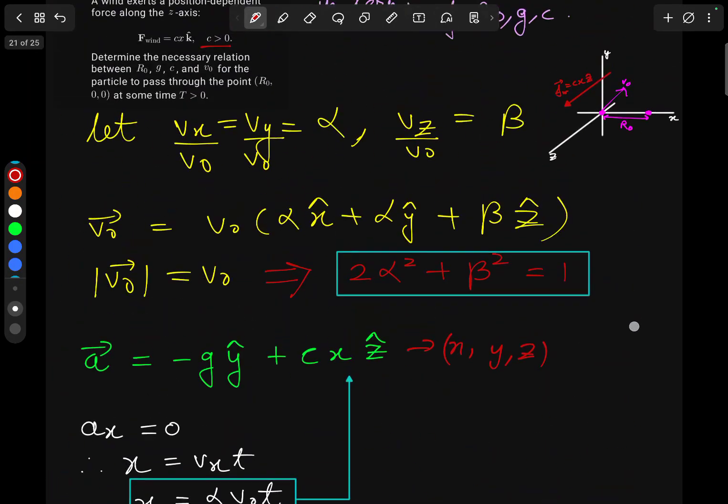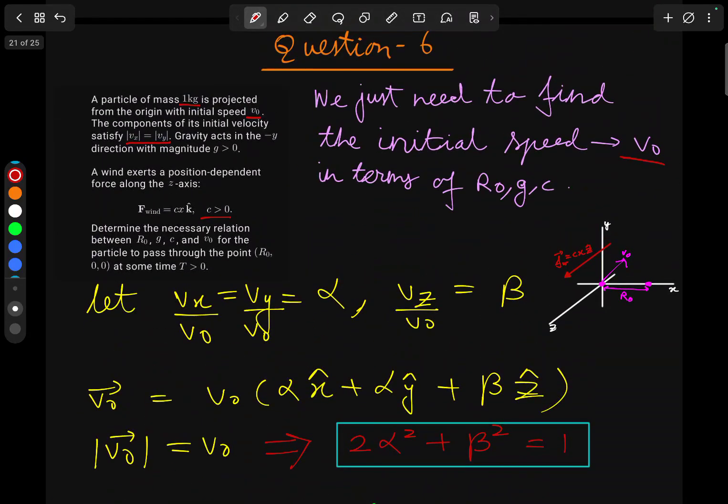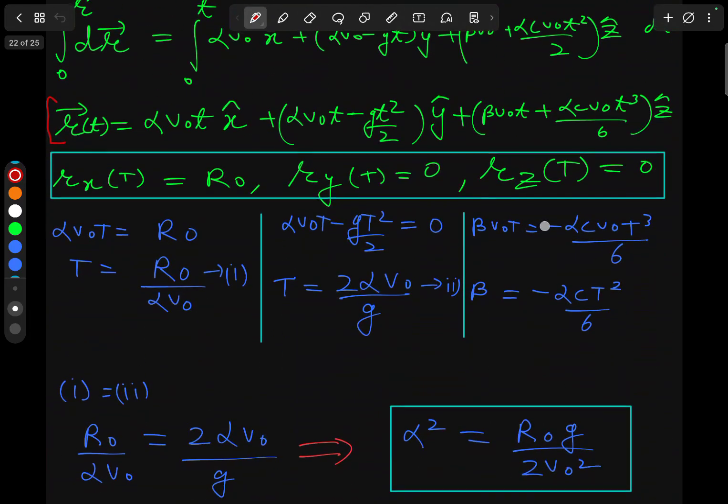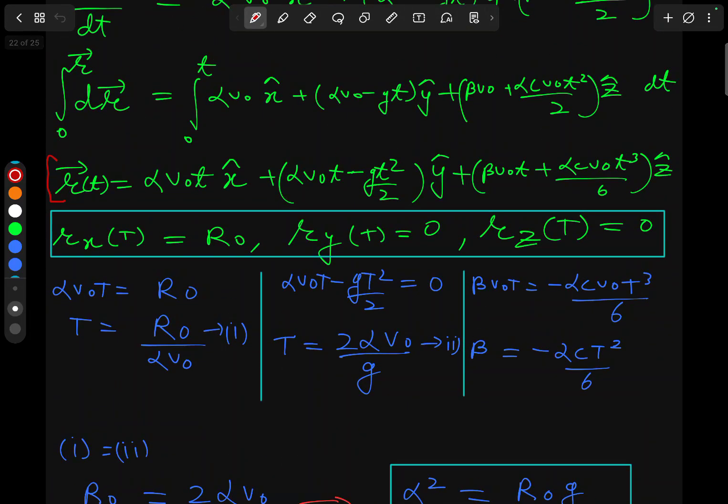Now what is given here is that at time t equals capital T, the particle passes through the point r0, 0, 0. So the position vector at time capital T is r0, 0, 0.